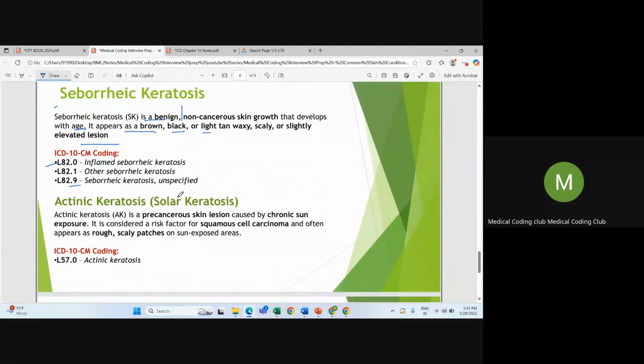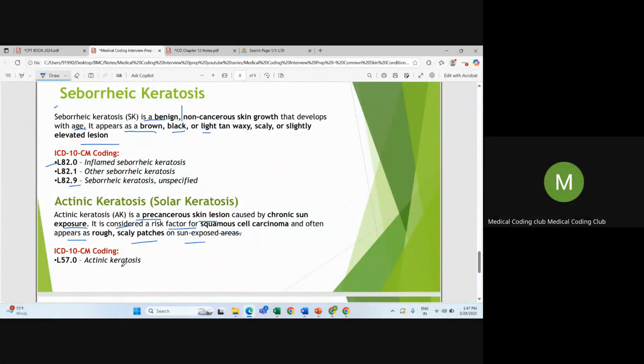And next we have actinic keratosis, that is also called solar keratosis. Actinic keratosis is a precancerous skin lesion caused by chronic sun exposure, and it is considered a risk factor for squamous cell carcinoma and often appears as rough scaly patches on sun exposed areas.